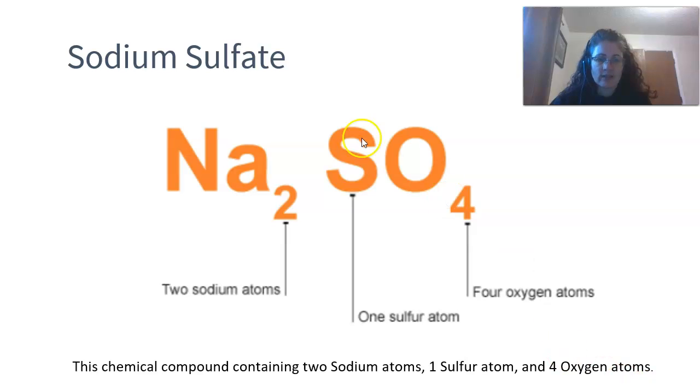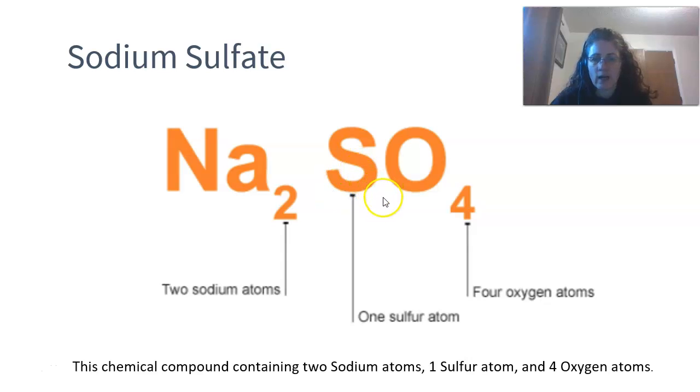So let's look at this in detail. In this case, we have a capital N and a lowercase a. So Na is the element name. It's actually sodium. Na does stand for sodium. And that 2 down here says that there are 2 sodium atoms. Then we see another capital letter S. That is sulfur.